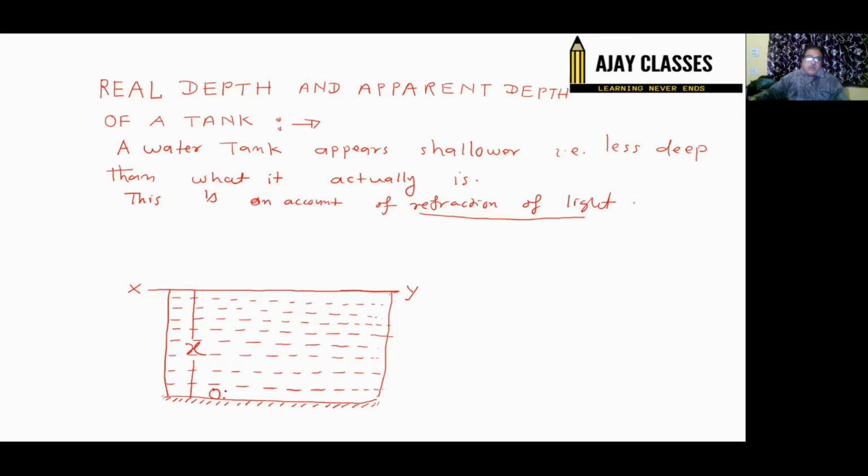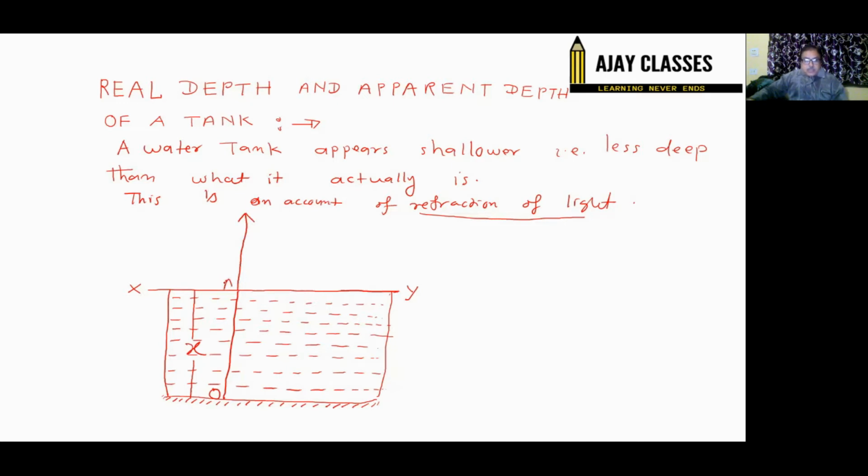A ray of light travels from the water medium to the air medium. So we allow the light to move in the upward direction. Light is coming up and entering another medium. So this ray goes up into the rarer medium.